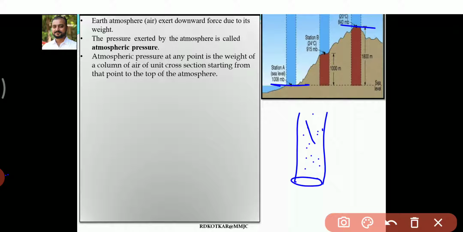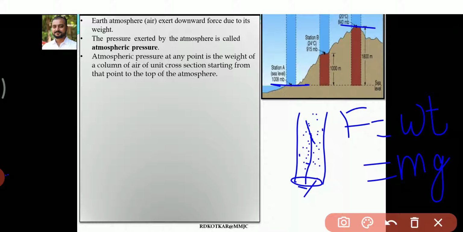This weight is due to the presence of air or gas molecules inside that cylinder, and these molecules exert a force in a downward direction, and this force is nothing but the weight, which equals mg.